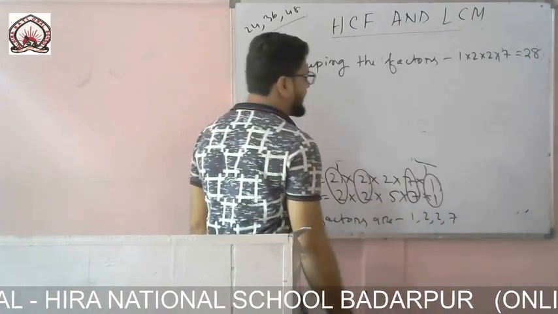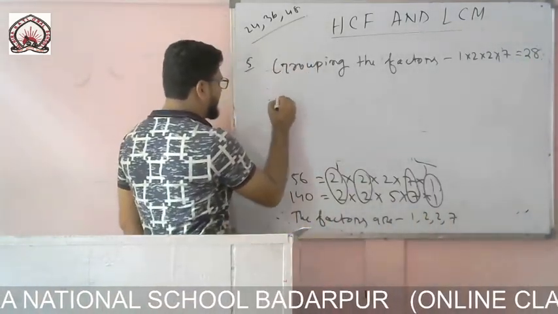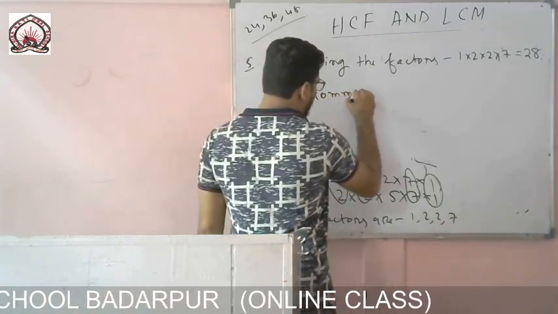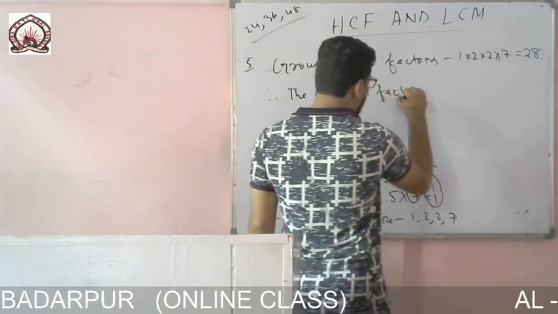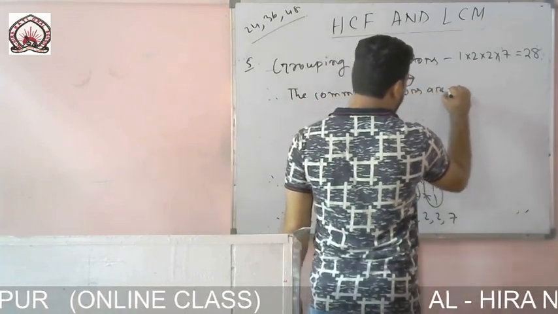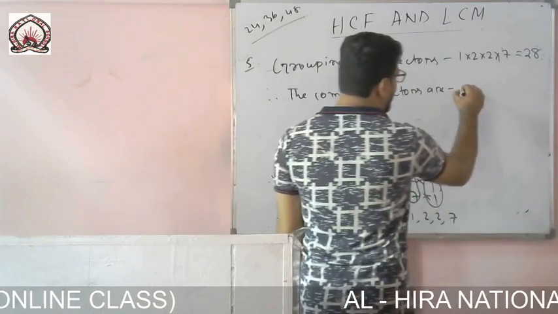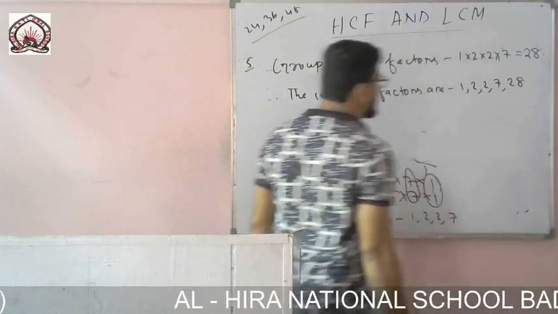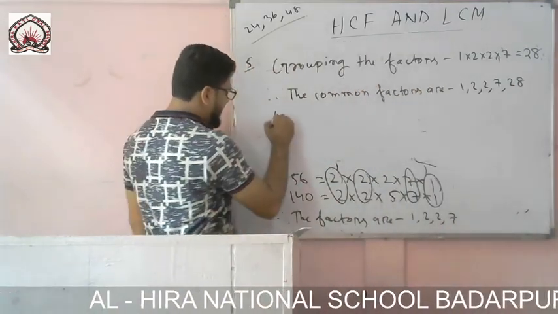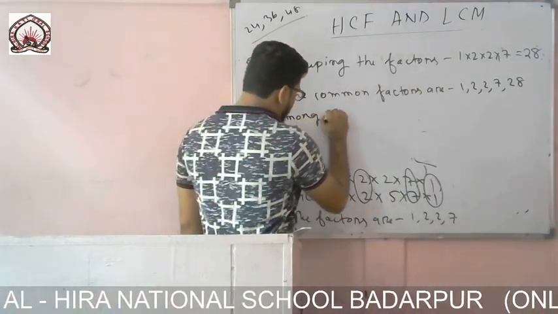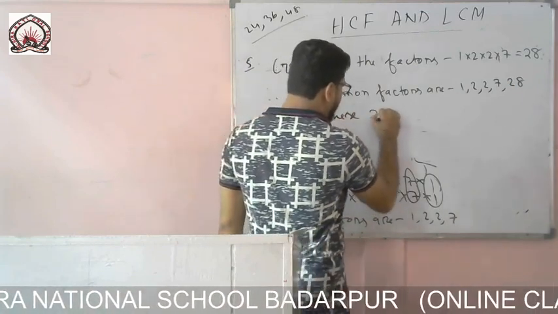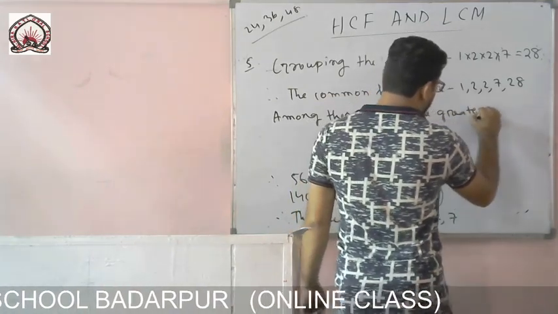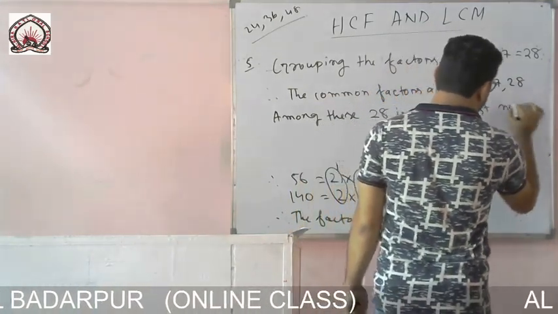So 28. Therefore the common factors are 1, 2, 2, 7, 28. Last we got 28. Among these, 28 is the greatest number.